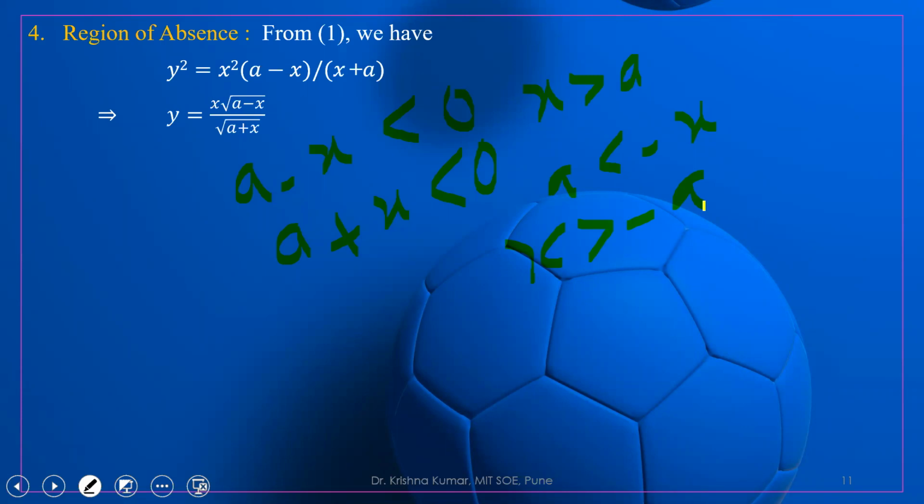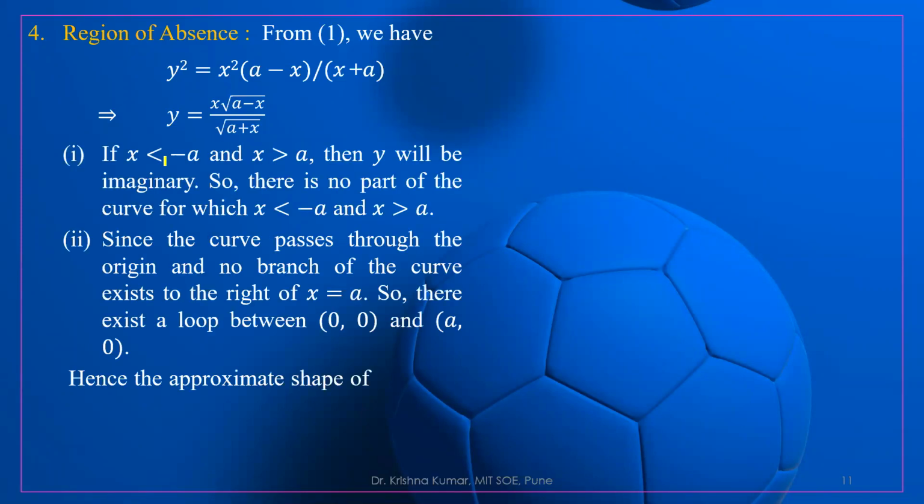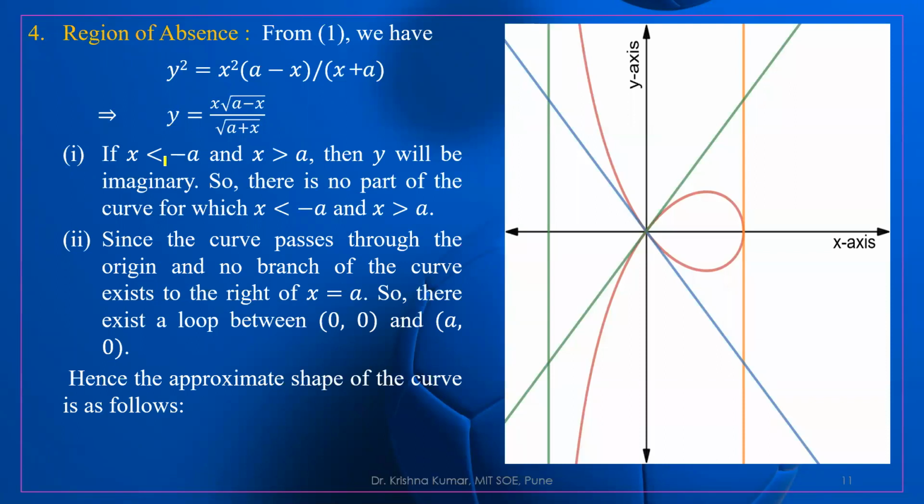So what we can do if we trace this, we get this type of curve. Just look here. This is the x-axis. This is the y-axis. We are getting 2 points.